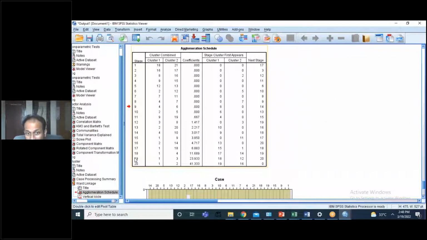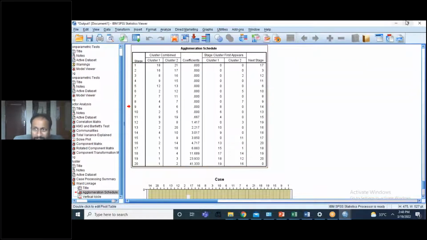You can also have 4 clusters, it is up to you, because some people feel they will consider this 6, since from 11 to 6 there is still a significant reduction. But I prefer to keep only till 18 because I don't want to have more clusters. So from this agglomeration schedule, I have come to know that we can have a maximum of 3 clusters.